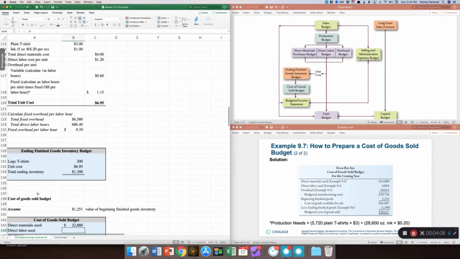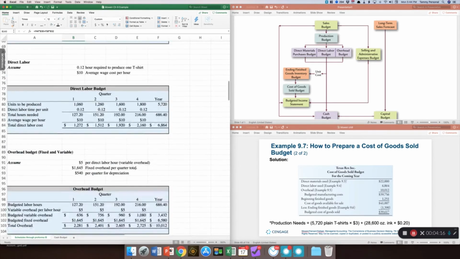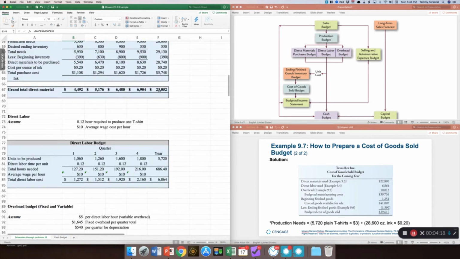So that's how you calculate our direct materials used. And again, this 22,880 number is not the same as this total direct material, because some of the direct material that we purchased is going to be remaining in inventory, okay?